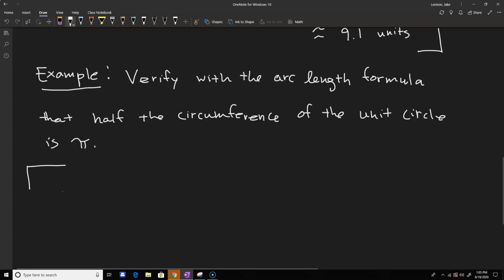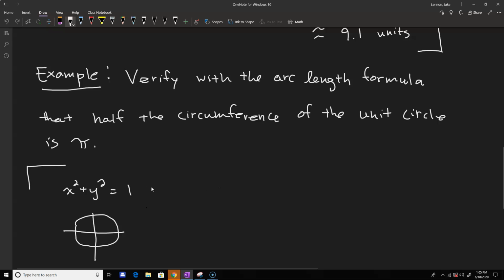So the unit circle in general looks like x squared plus y squared equals 1. That's the circle with radius 1. We recall from geometry that the circumference of any circle would be 2 times pi times radius. The unit circle has radius 1, so half the circumference would have a length of just pi, half of 2 pi.